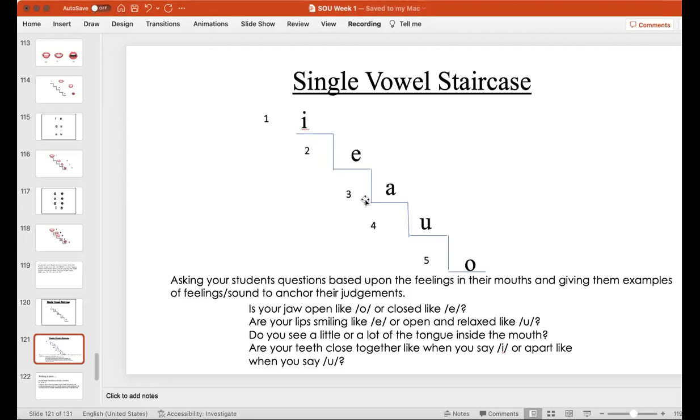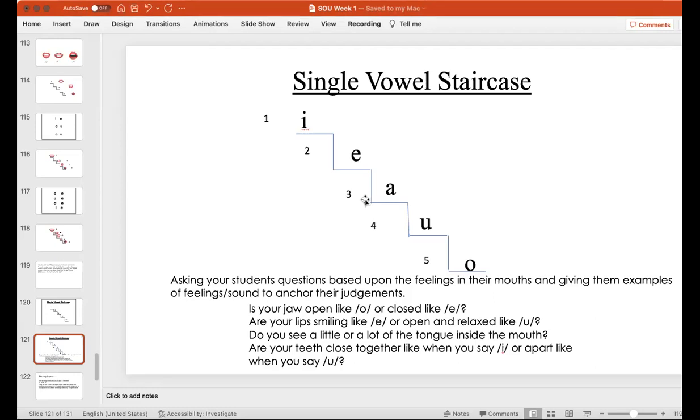So one of the things that I just did, I want you to do with your students this weekend. In the first lesson, we teach the single vowel staircase, and we teach P and B and T and D and K and G. So I would like you to practice doing this.